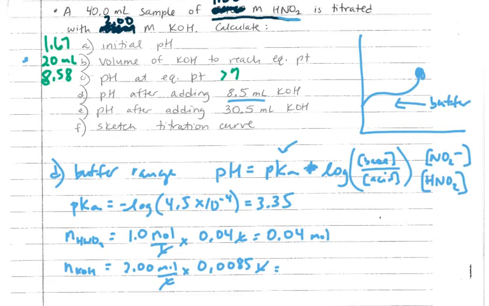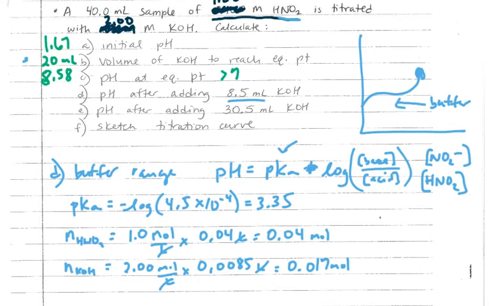So that is 2 times 0.0085, 0.017 moles. All right, so that means we need to subtract that.